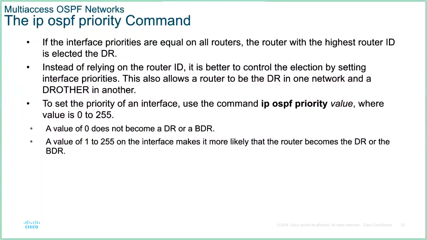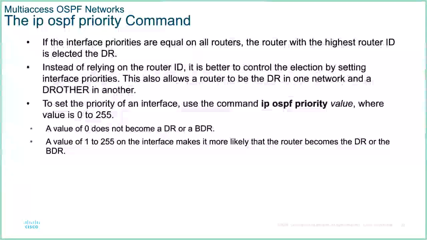So a better way of controlling this is using the priority value. We go to the interface that is part of the election, and we type in IP OSPF priority and the new value.